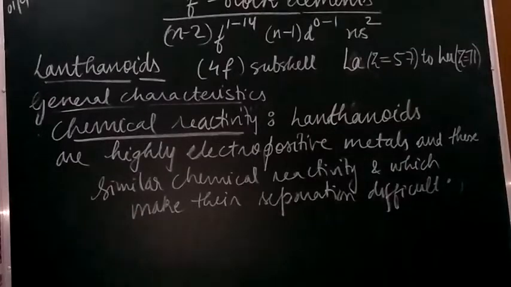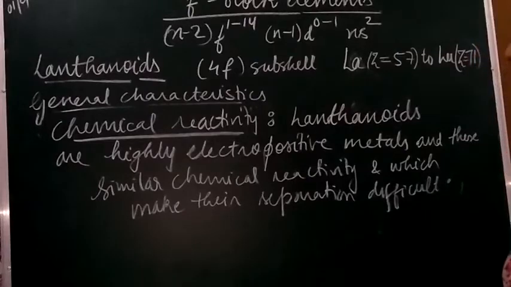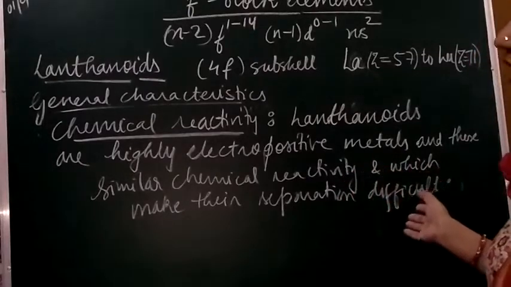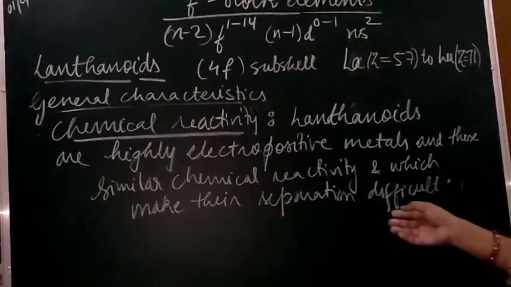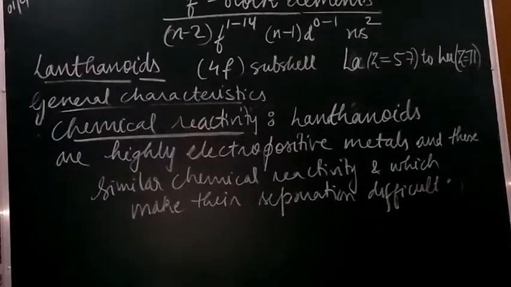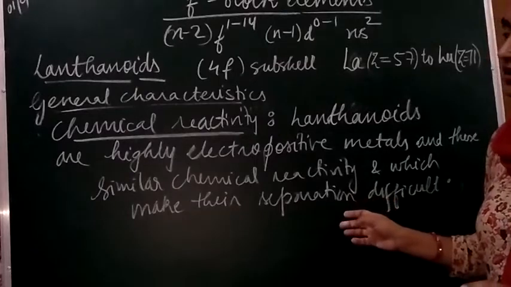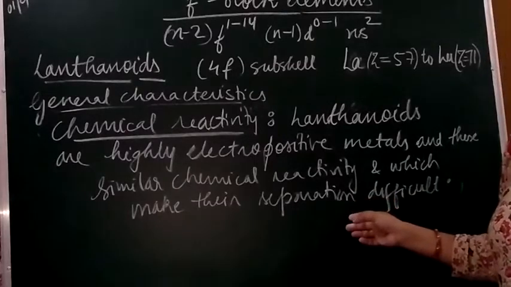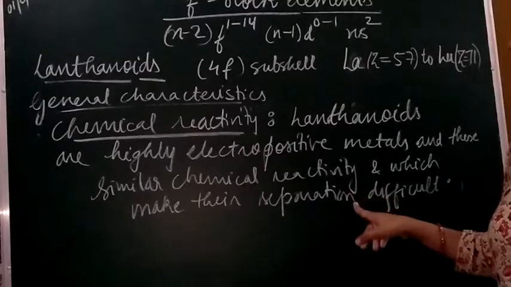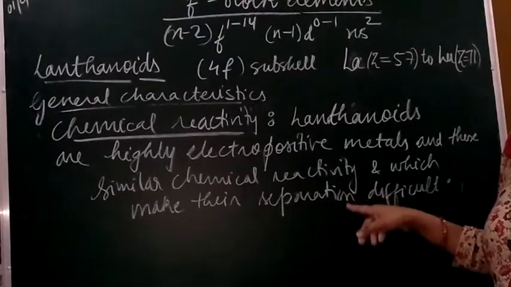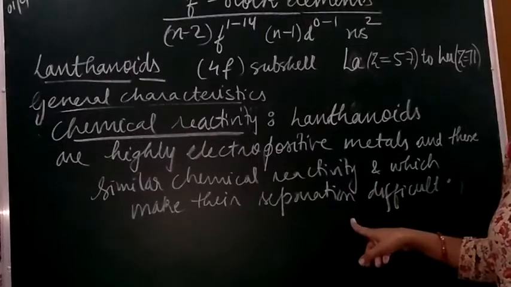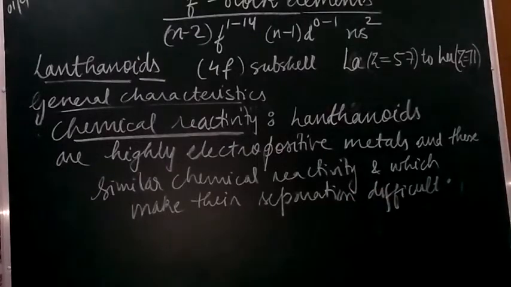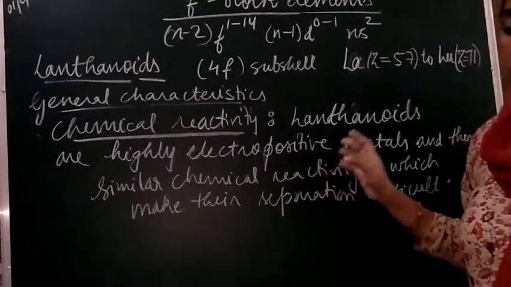So here the only difference between these lanthanide elements is the number of 4f electrons, right? They differ from one another only in the number of 4f electrons, and the interaction of other elements with these lanthanoids is shielded by the presence of the 5s, 5p, and 6s electrons. Right. So here you have to keep in mind that their separation is difficult.